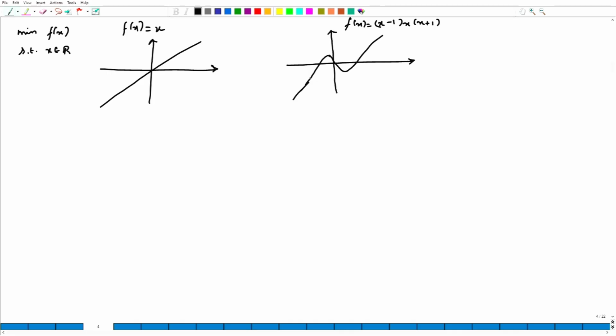You can see that there is no global minimum, but you have a local minimum at x is equal to half. So, this is a case when a local min exists, but a global min does not. Here, neither local min nor global min exists.